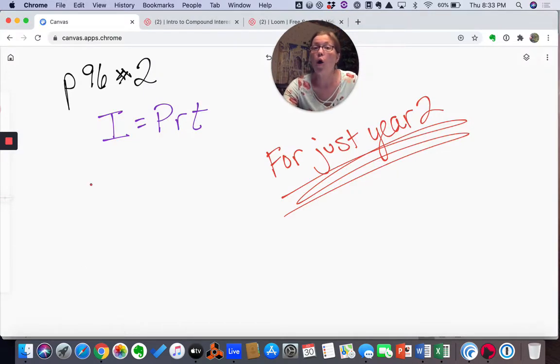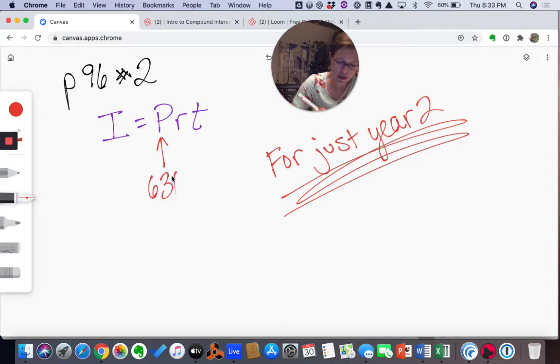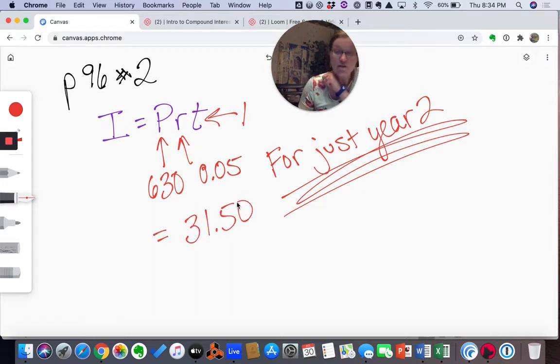But to look at only year 2, entering year 2, the current amount in the account was $630. So if we start the story over and have just a little mini story about year 2, it started off with $630. And since we are only looking at that one year, we're letting our time be 1. So we multiply all those things through, and we get our 31.50.